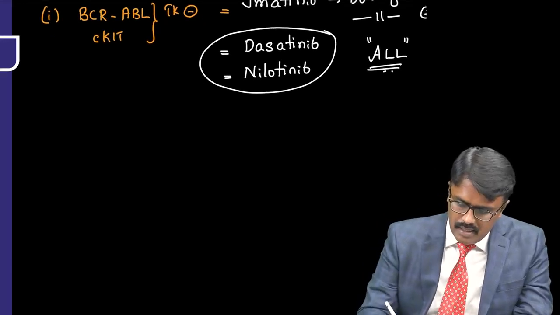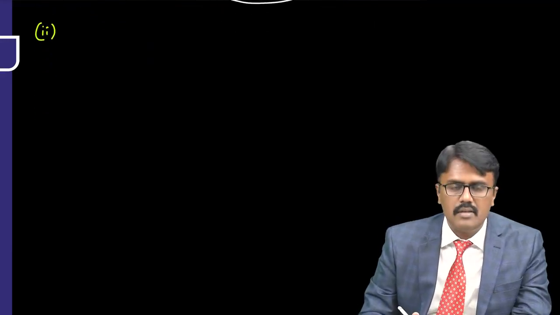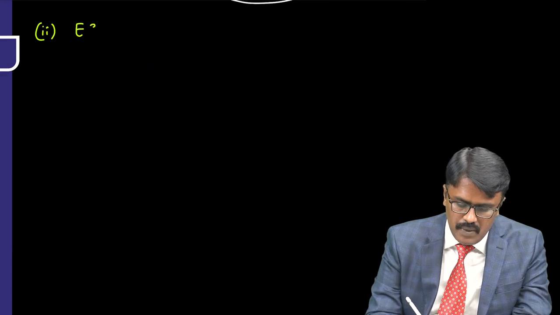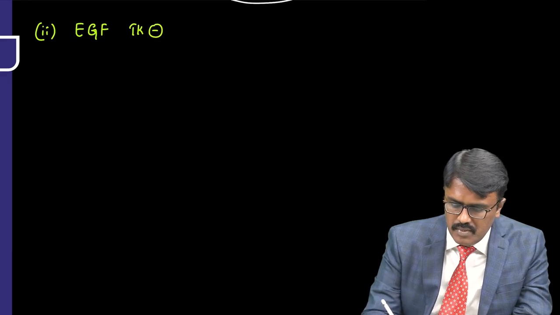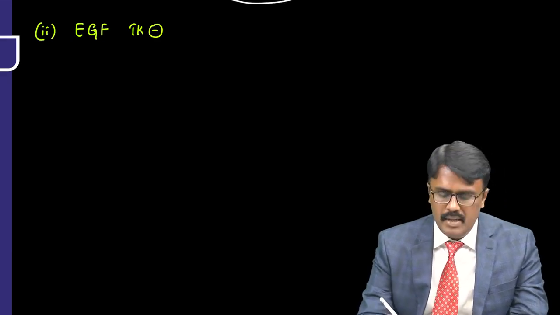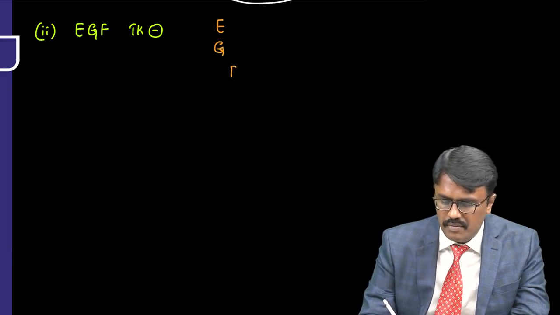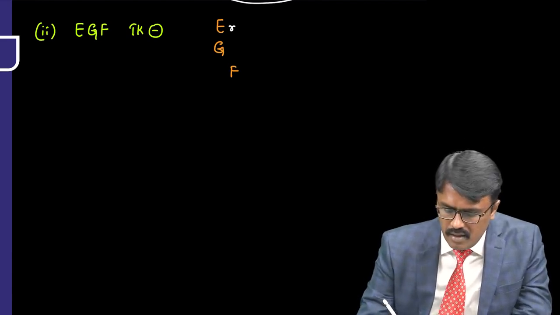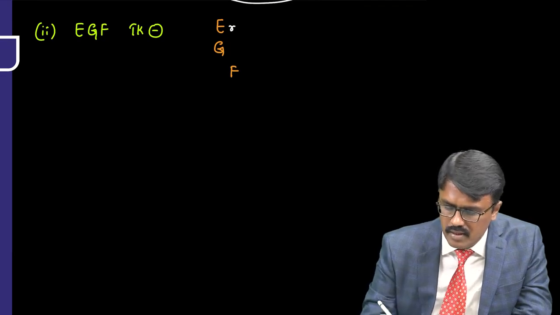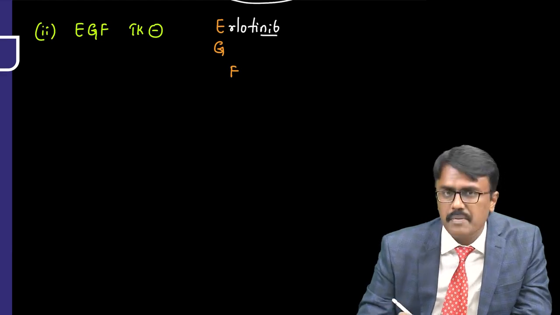The second target, so what we have to block is the tyrosine kinase of epidermal growth factor. So these tyrosine kinase inhibitors, what are the names? So you write the E, G, and F. So epidermal growth factor, the drugs are erlotinib, and observe the end with nib.